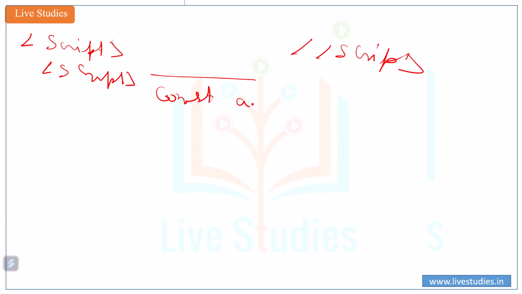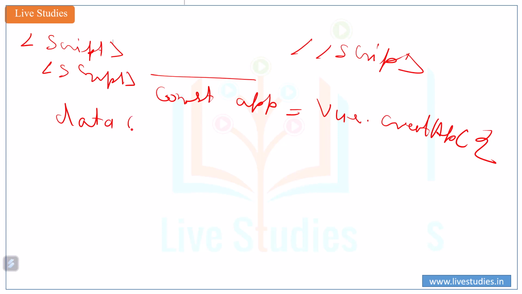In this script, const app is equal to Vue.createApp, with parentheses. Create a data method and then return message.